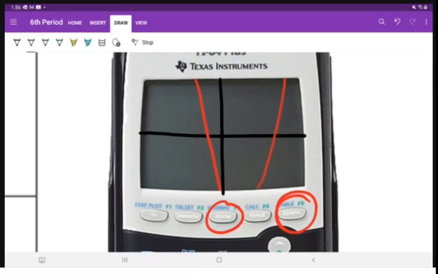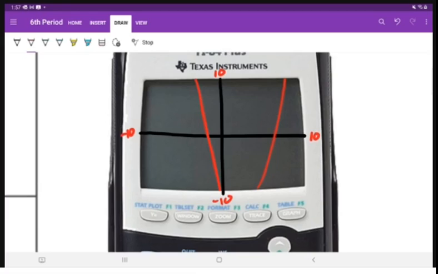That means zoom standard, the generic zoom window it's supposed to default to, which is from 10 to -10 in every direction. So click zoom, scroll down to zoom standard and hit enter. Your picture should now look like my picture.